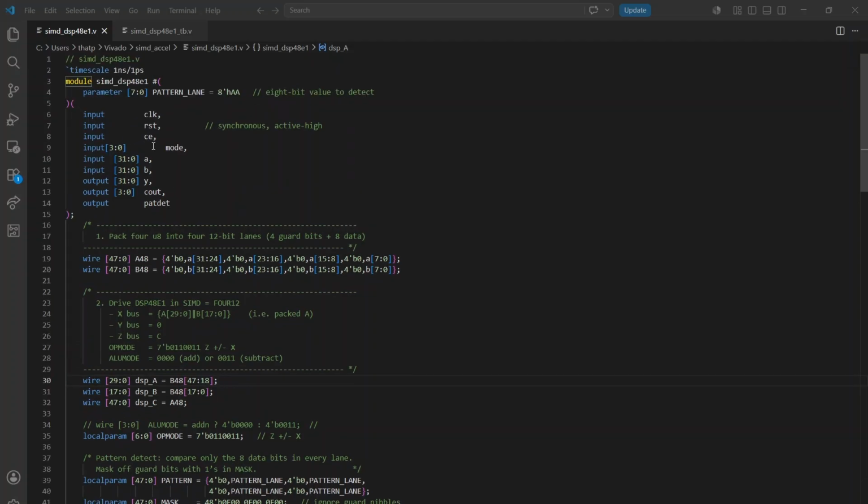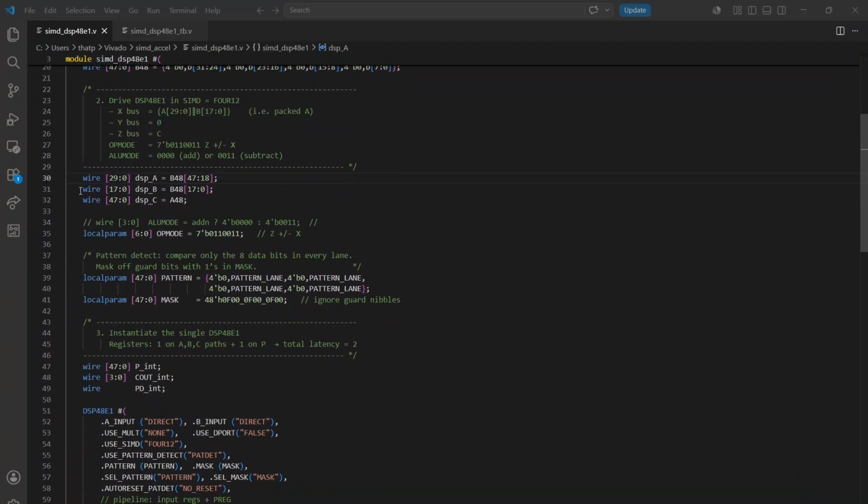But my main motive for doing this was so that I could just put 32-bit operands in and out of it and then do the computation in here instead of doing what Wade was showing in the video where we had to do a bunch of slicing and concatenation. This does all of that for me. So I just found it to be a simpler approach and I think it should function the same.